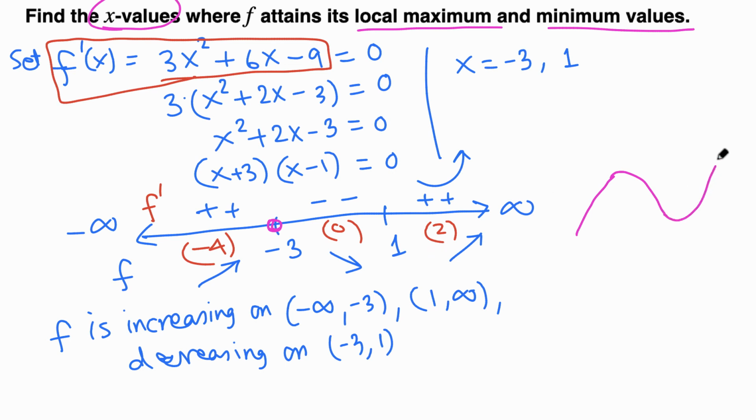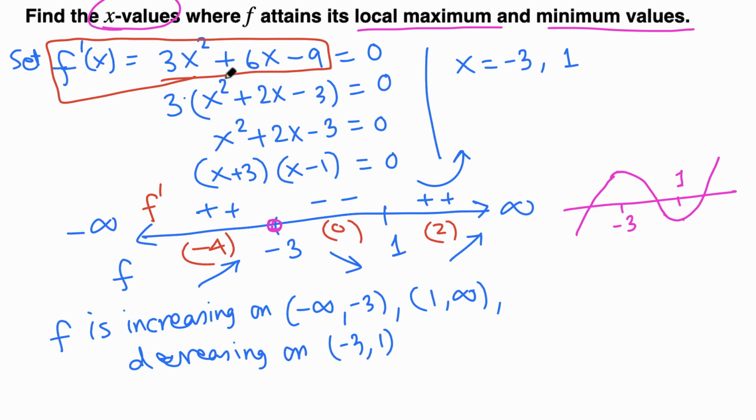So we have a graph something like this, with the top at negative 3. This is not the exact graph, but at 1 we have the lowest point, not absolutely, but locally. This is the local min, and this is the local max.